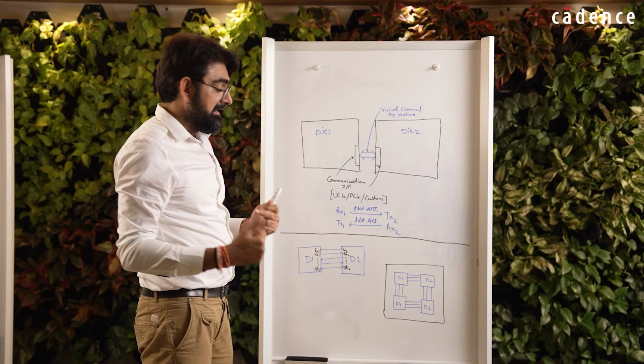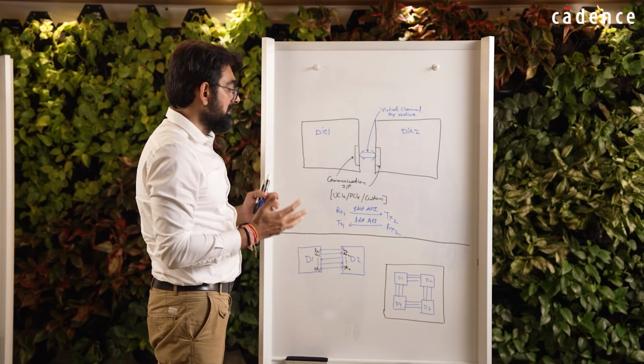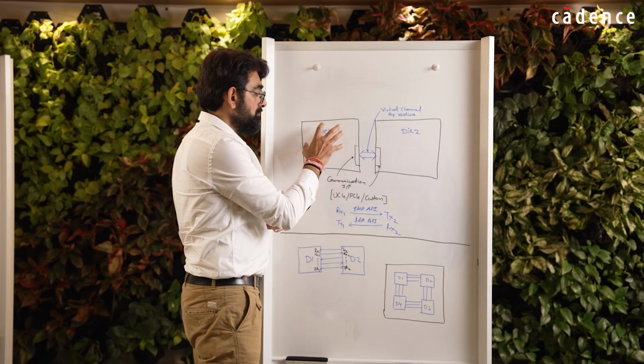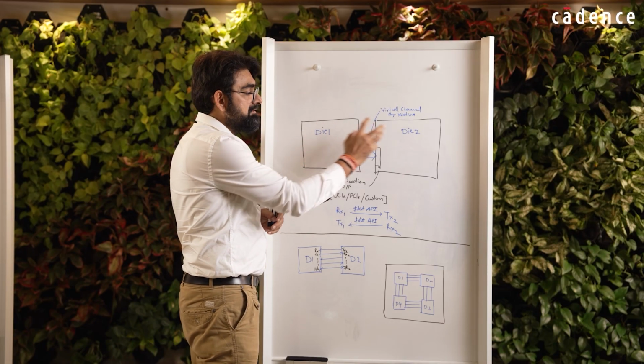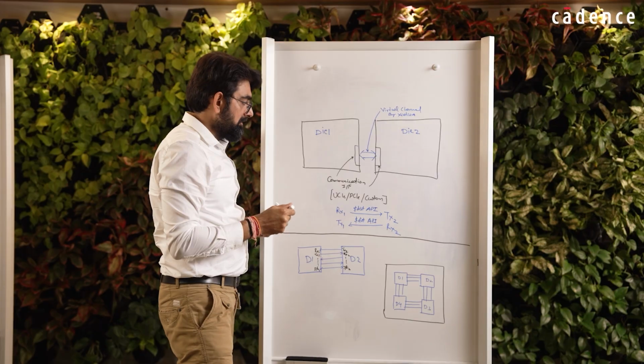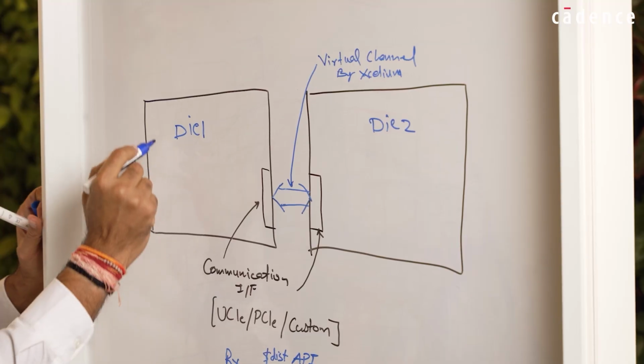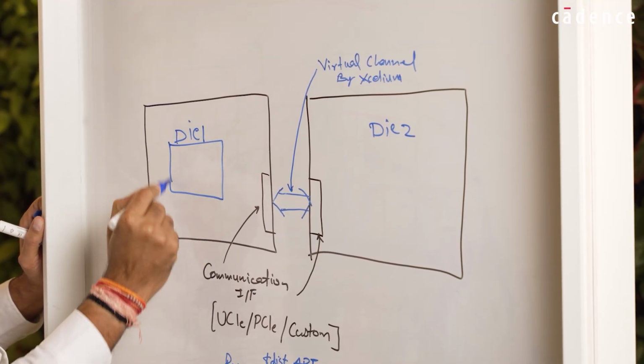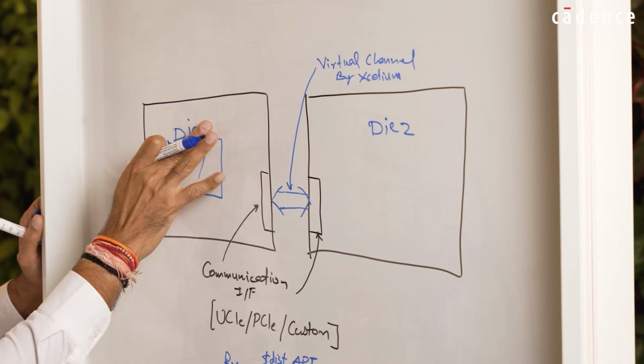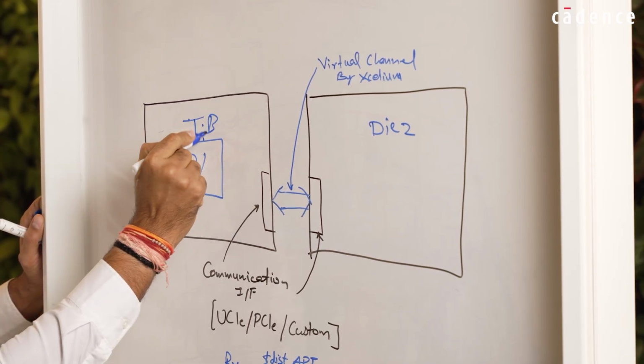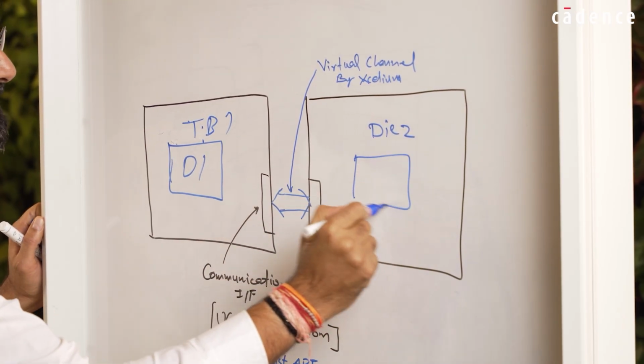It is possible, and that's what the Xcelium Distributed Simulation app does, for you to put each die as a separate one, where die 1 and its test bench, which means the existing test bench of die 1, and the existing test bench of die 2.